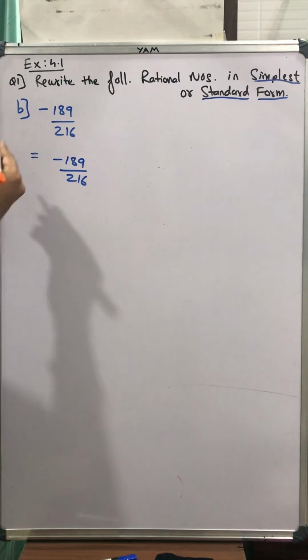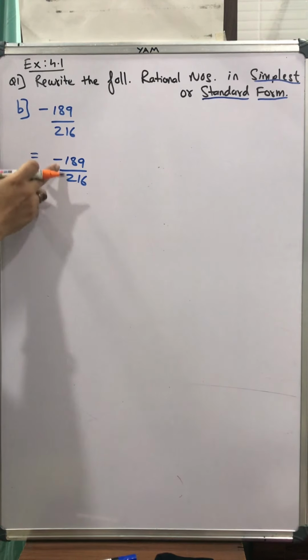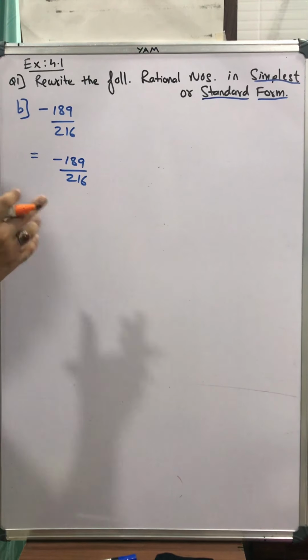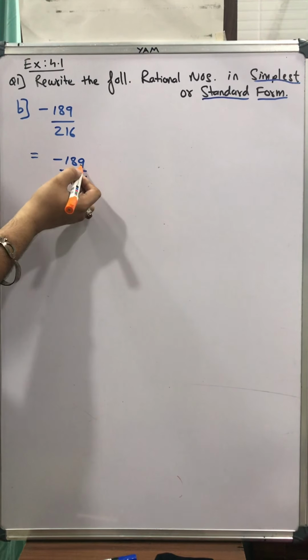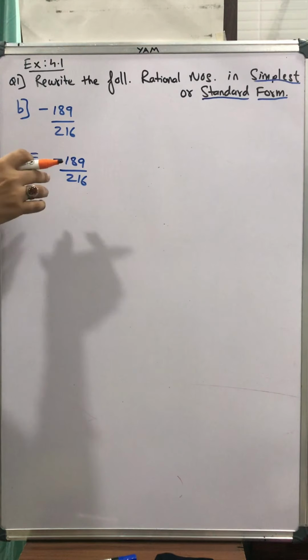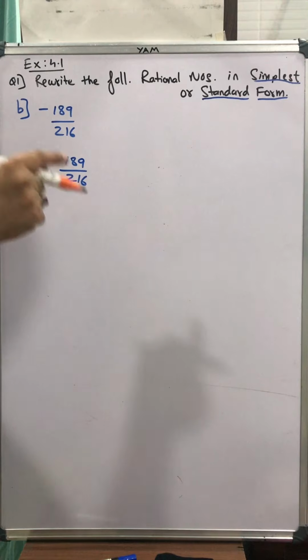Okay, so if I have to reduce it, I'll first start with 2. Is it possible to divide with 2? Here I can see 6 is an even number, so this 216 can be divided by 2. But this 189 cannot be divided by 2 because I have an odd number 9. Okay, so students, will both the numbers be divided by 3? I don't know. Let's check. See this method of checking.